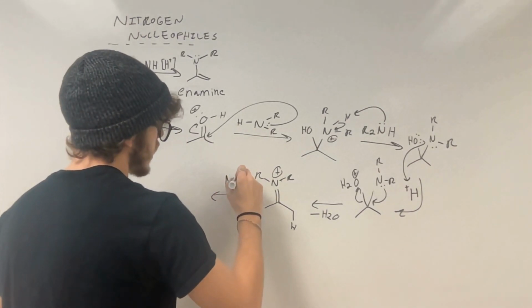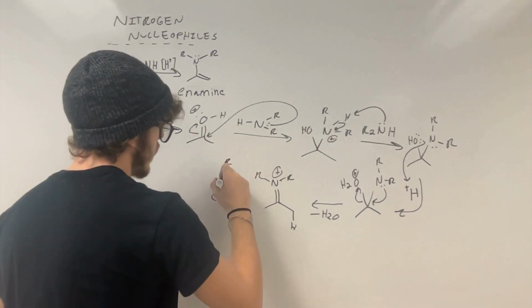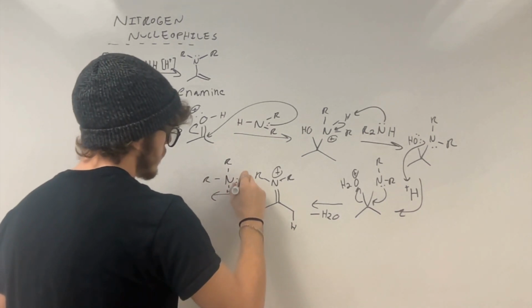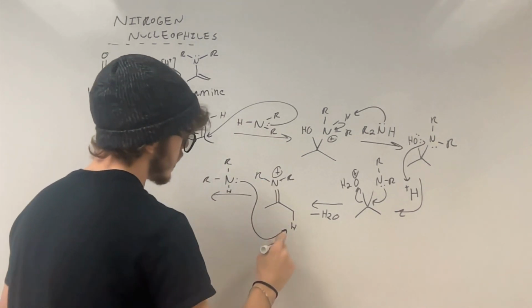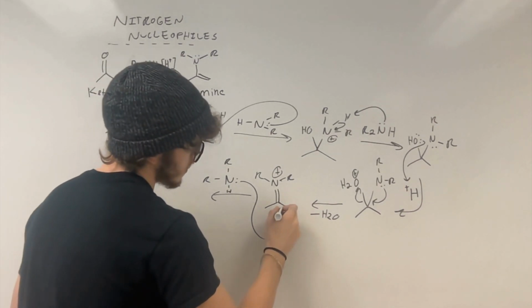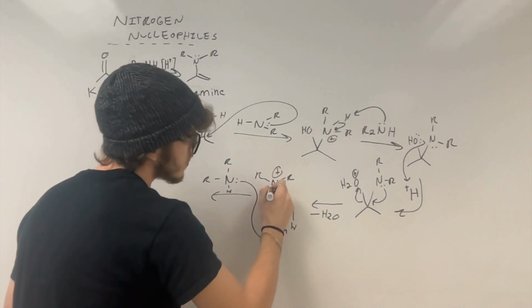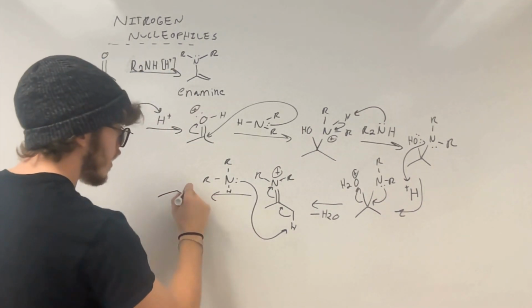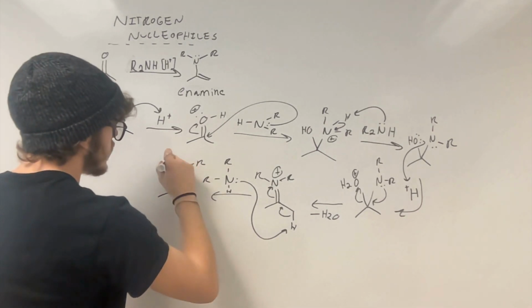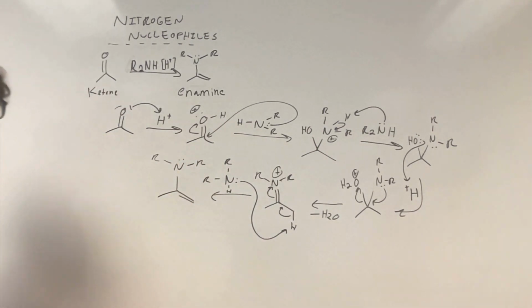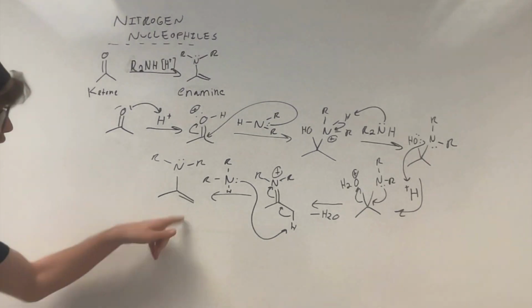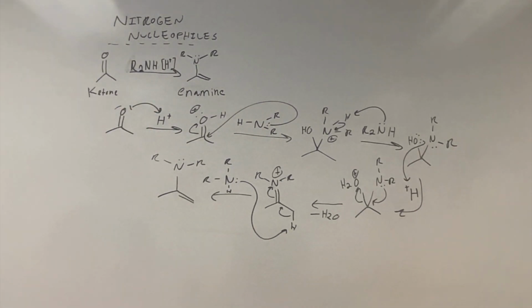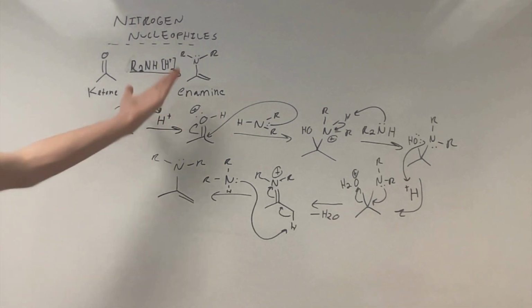So we take some of our basic secondary amine, and we're going to do elimination and kick up the electrons to the nitrogen. That's kind of clever, isn't it? Look at that. We neutralized a charge by doing elimination. That's exactly what happens, and that's why you get an enamine. So that's secondary amines reacting with ketones under acidic conditions: it forms an enamine.